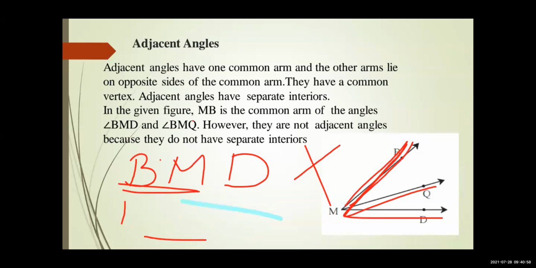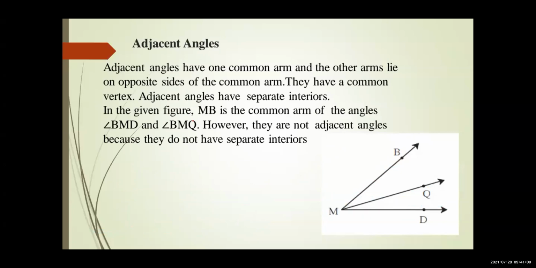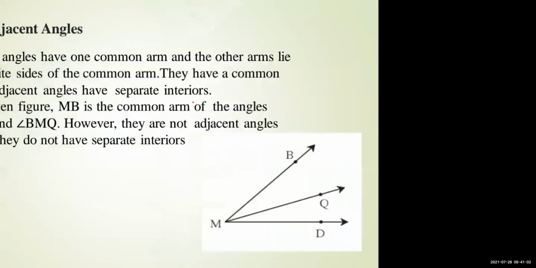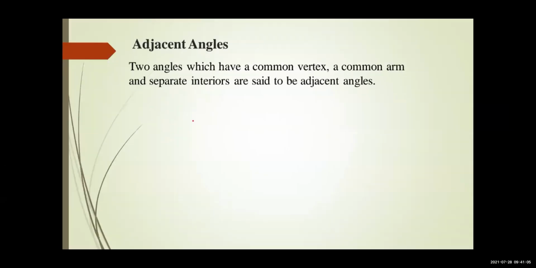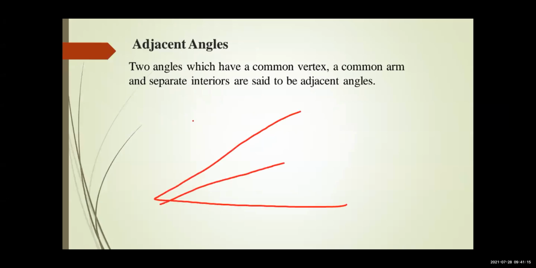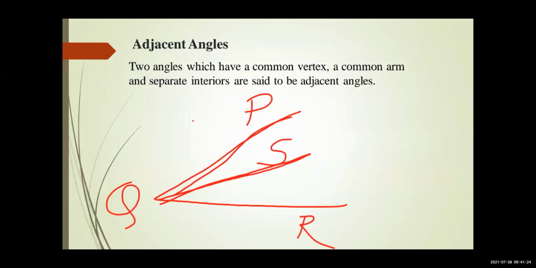So what is the definition of an adjacent angle? Adjacent angles are two angles which have a common vertex. Now I have drawn a separate angle. Here I have marked one middle, and written P, Q, R, S. This is angle PQS, one angle, and SQR, another angle.